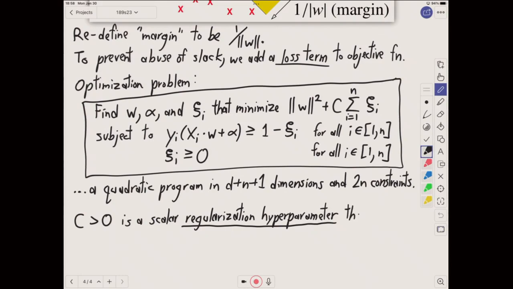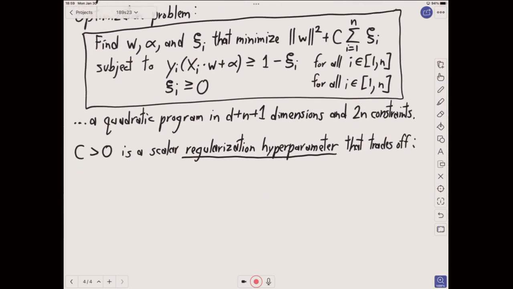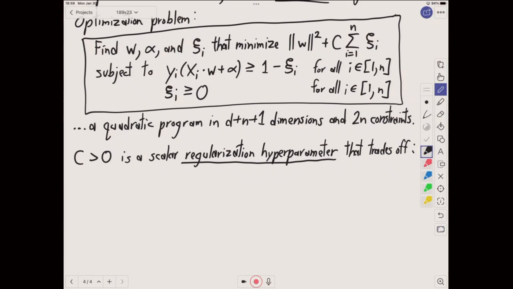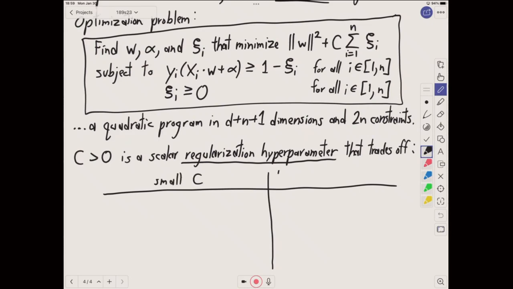For now, you just need to know the trade-off between choosing a large C versus a small C. Well, I'm going to make a little table where I'm going to compare, for various metrics, what happens if you choose C to be small versus what happens if you choose a big value of C.